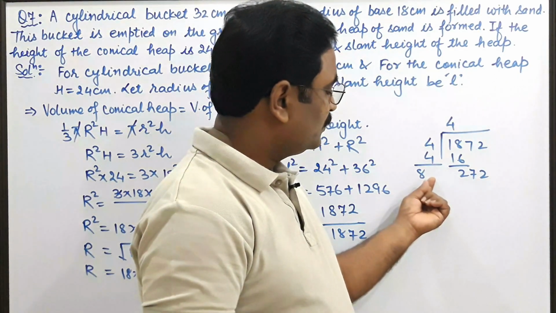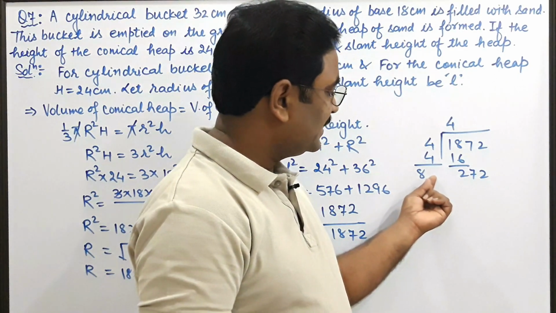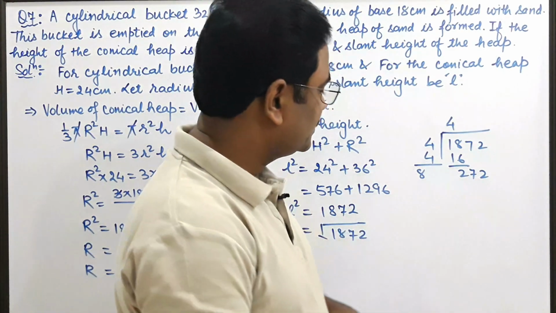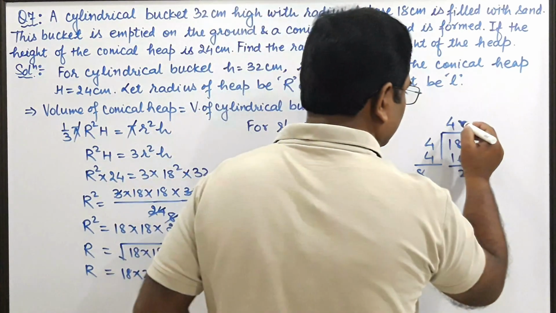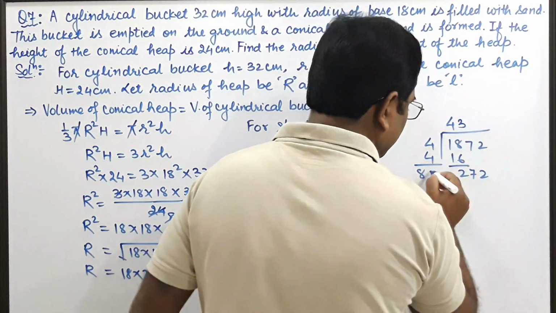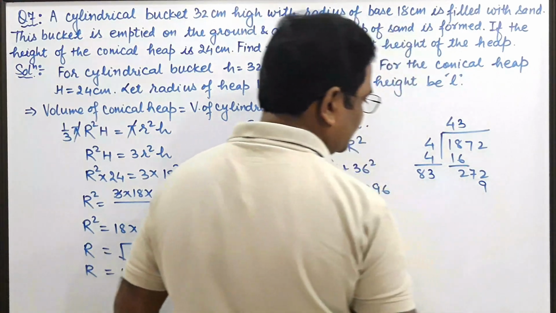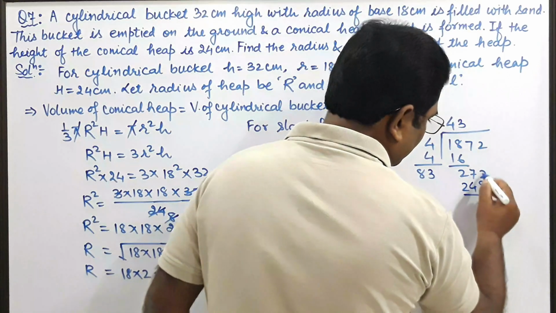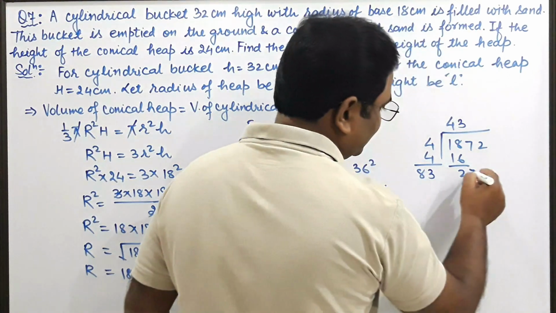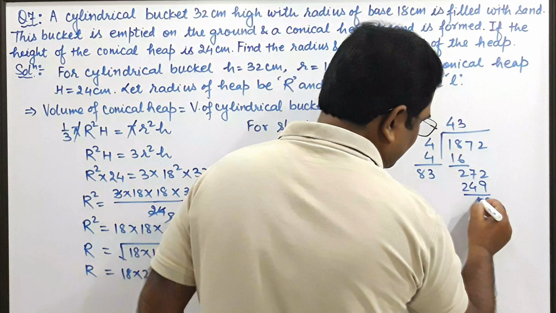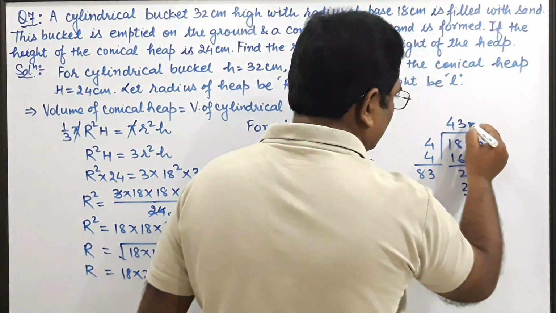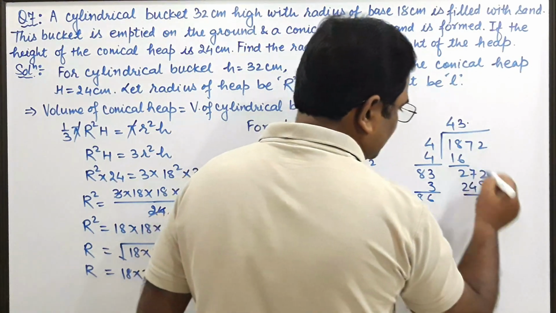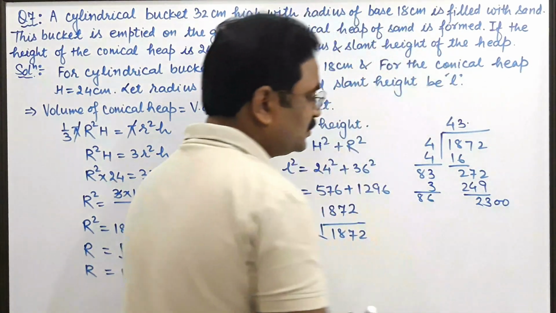2 2s are 4, 3 3s are 9, 3 8s are 24, 4 8s are 32. So 3 3s are 9, 3 8s are 24. So 12 minus 9 is 3 and 6 minus 4 is 2. Point, then we increase to 0.